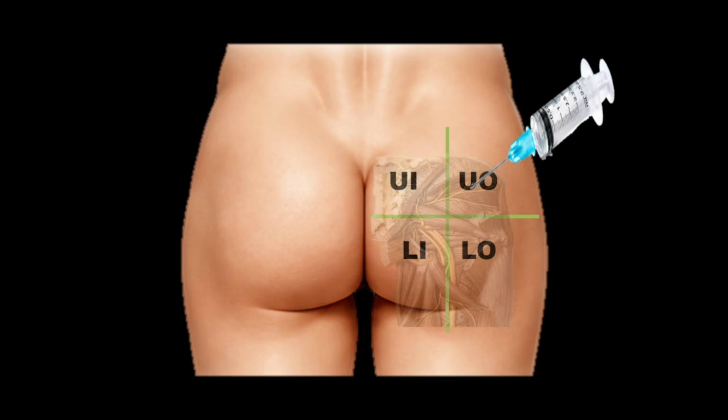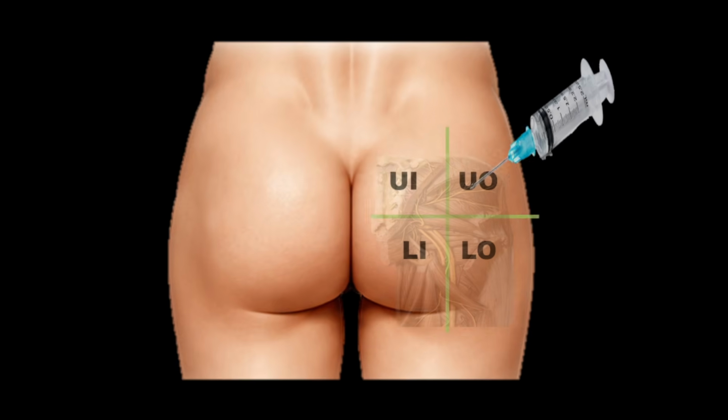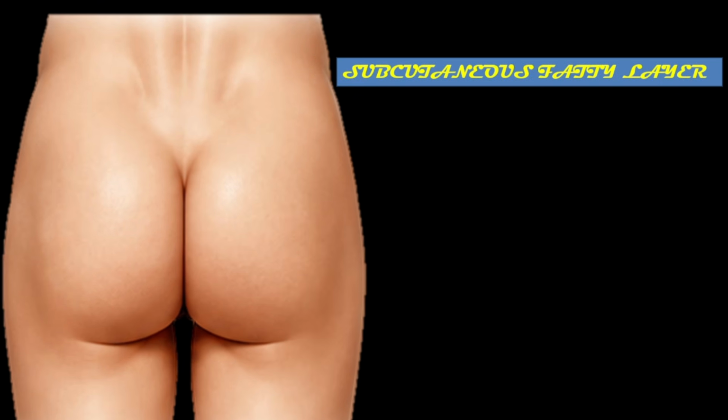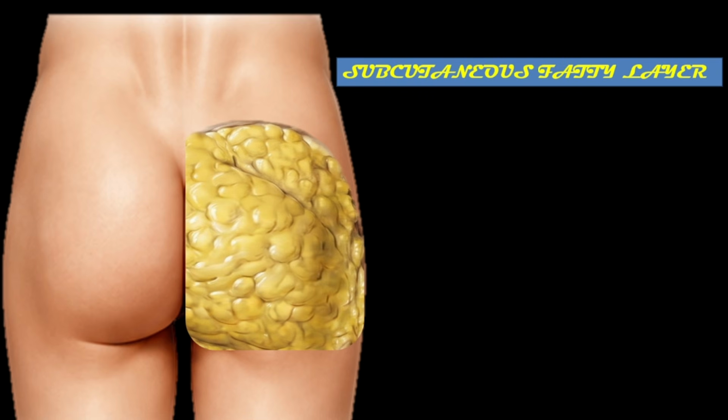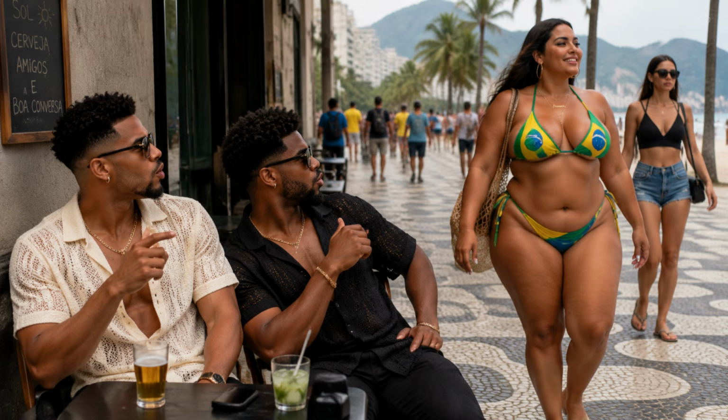Next to the skin is the superficial or subcutaneous fatty layer. This is the layer that gives the gluteal region its wide recognition in society. It is the layer responsible for the size, projection, and shape of the buttocks due to its huge deposition of fat. Without being biased, you agree with me that your attention will be drawn to a big butt lady more than one with the opposite.